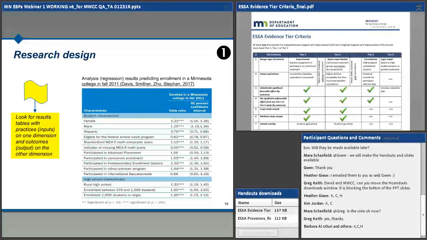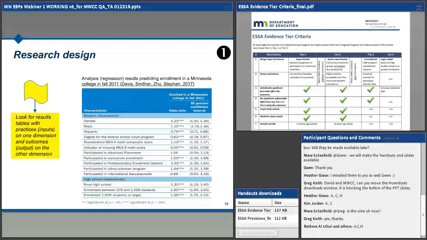So what are you looking for when you're looking for a study that measures an outcome and relationship? Well, obviously you can just start reading the study and get into it that way. But one quick look-for is to find a table of results and find the practice and the outcome in the table of results.